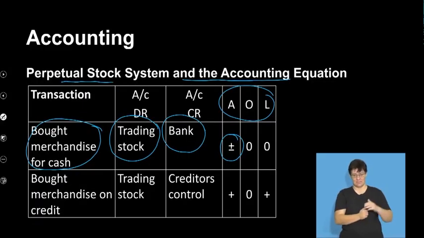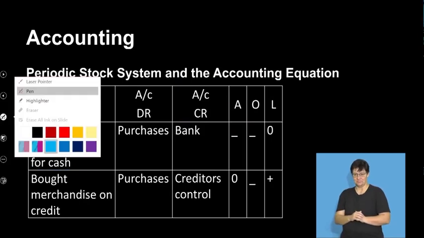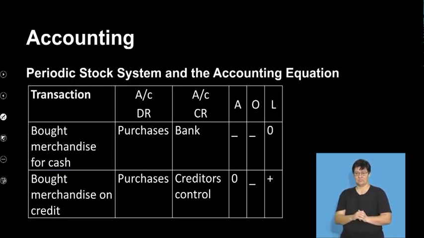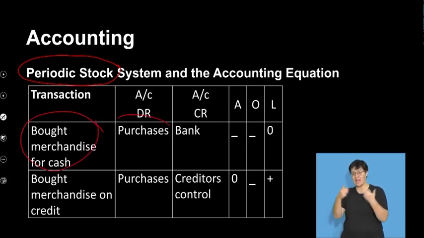Let's take that same transaction using the periodic inventory system. Watch, now it's the periodic stock system. The transaction is bought merchandise for cash, the same transaction. The account debited is purchases. Note the difference. The account credited is bank, which doesn't change.